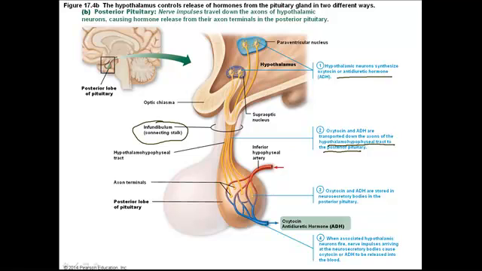Then it's going to go into these neurosecretory bodies in the posterior pituitary. The terminal buttons will simply release the hormone into this space, which is in the middle of a capillary bed, so you have blood coming in and blood going out. Now it has either ADH or oxytocin or both, and that will go into the general circulation.